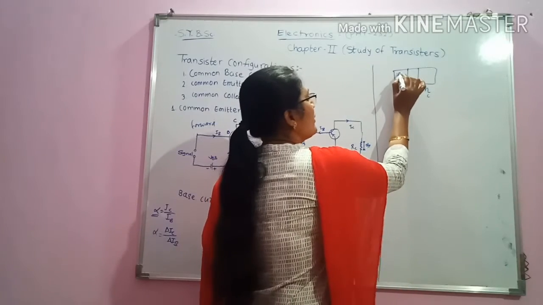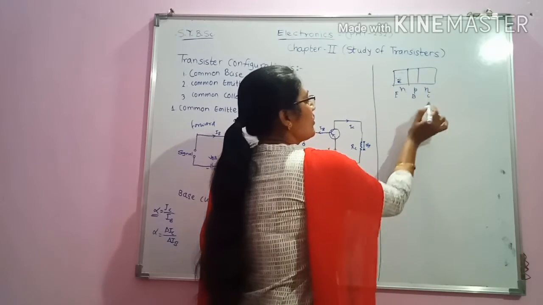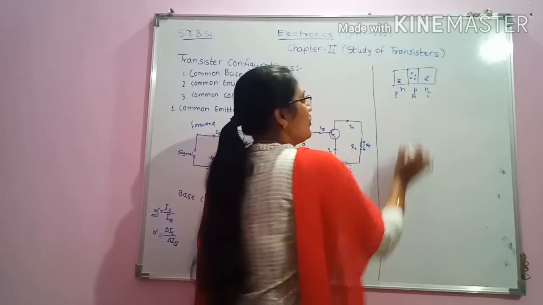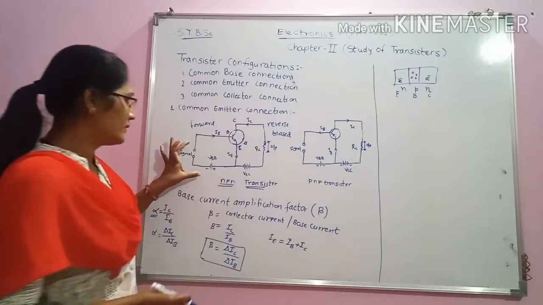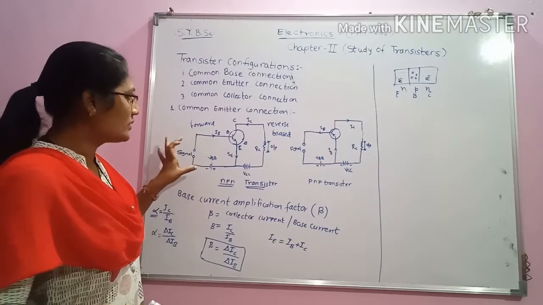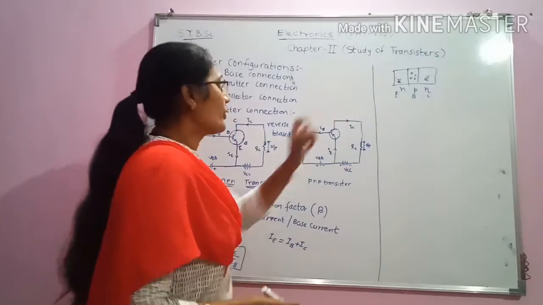The majority charge carriers are electrons here, also electrons here, and holes in the base. When we forward bias the emitter base junction, what will happen?